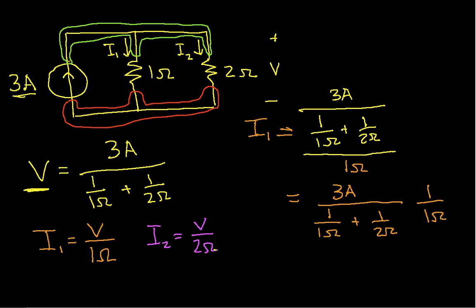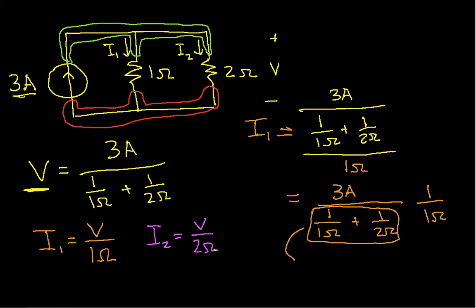So what I've done here is basically divided the voltage by this resistor by writing it this way. And the next thing I want to do is take this denominator, take these two fractions, put them over a common denominator, and then invert it, and that will lead to the answer I want.